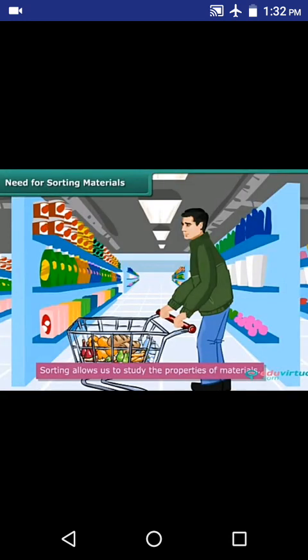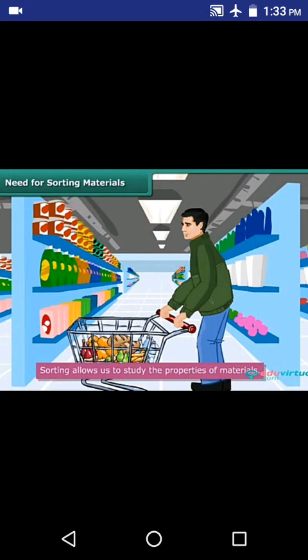Now let's come to the last objective, why it is important to classify the materials into different groups. The first important fact that comes to my mind about the importance is that we will be able to study the different properties of different materials. For example, you have just studied solid, liquid and gas.